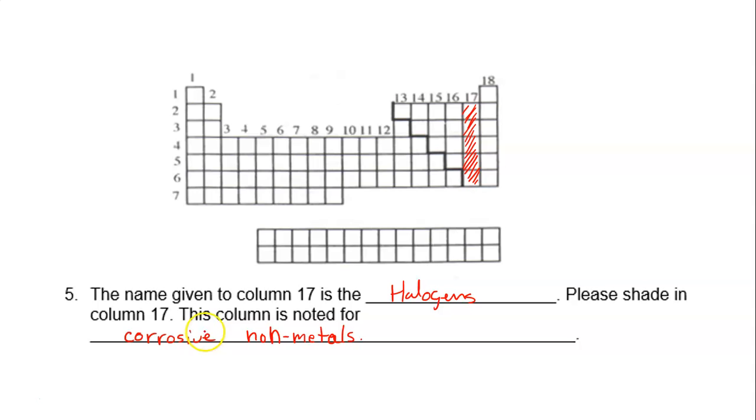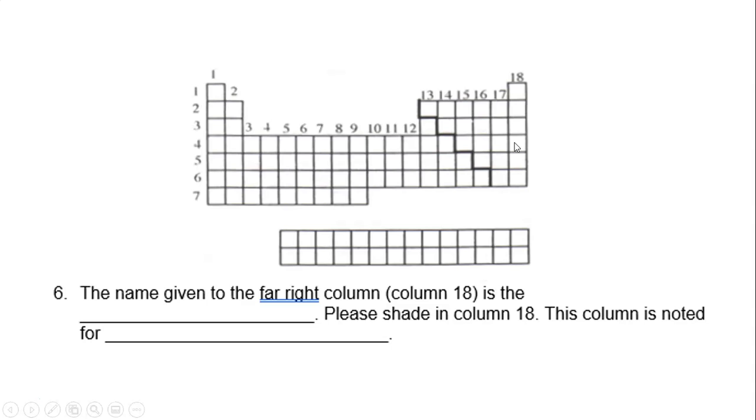They're usually so corrosive that it's very difficult to find any of these within the family naturally, because it just reacts with almost anything. And again, that's like fluorine, chlorine, bromine, iodine.